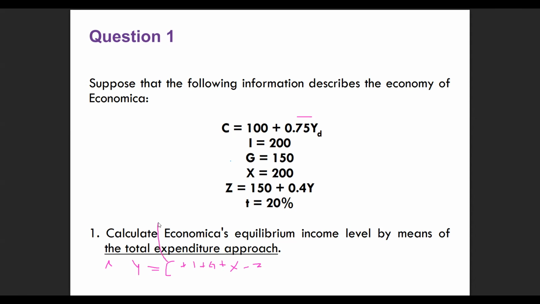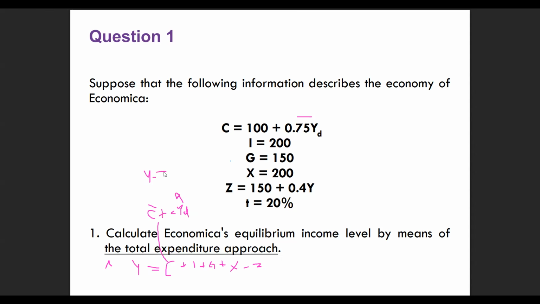that this C is C bar plus cY. And also this Y is not just any Y. You remember we said this is now YD, right? So to calculate YD, you can say your income minus taxation.